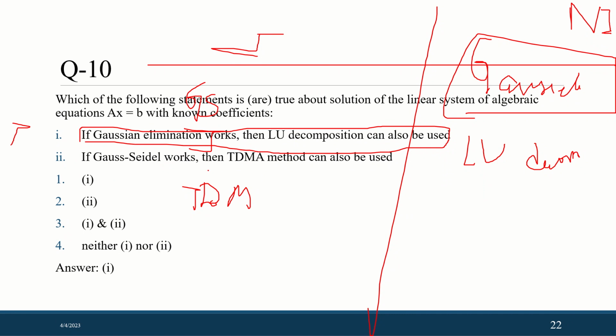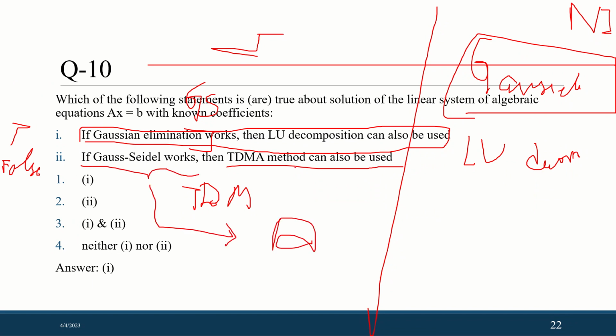If Gauss-Seidel works, then the tridiagonal matrix algorithm can also be used. This is a false statement, because Gauss-Seidel is an iterative technique that can be used for any matrix A, but the tridiagonal matrix algorithm requires a certain matrix structure to be maintained, like tridiagonal or pentadiagonal, for it to work.